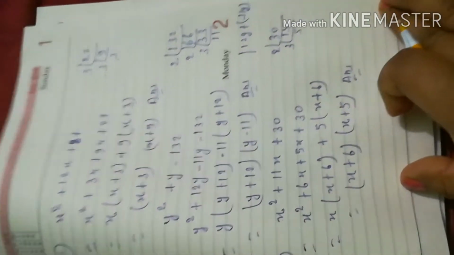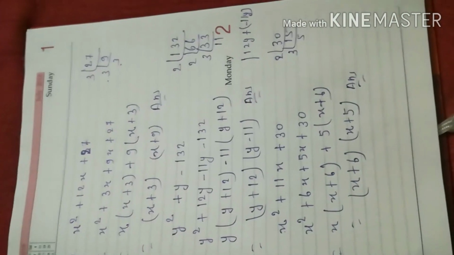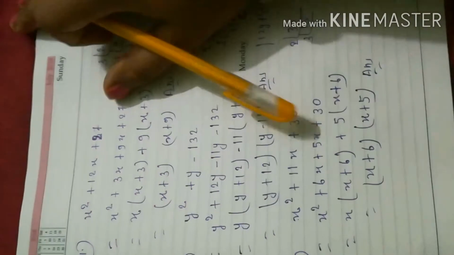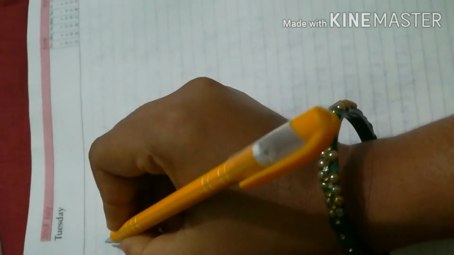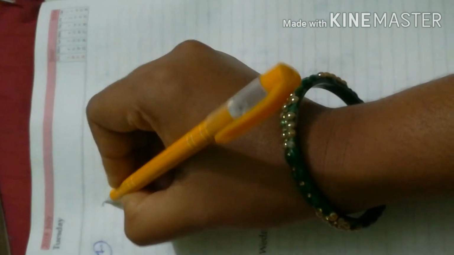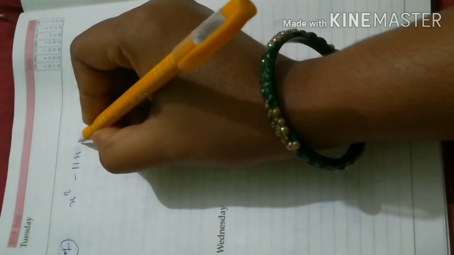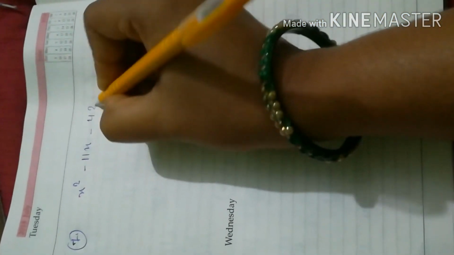Now we will do question number 7 also. I hope all of you are understanding very well. Our question number 7 is x square minus 11x minus 42.